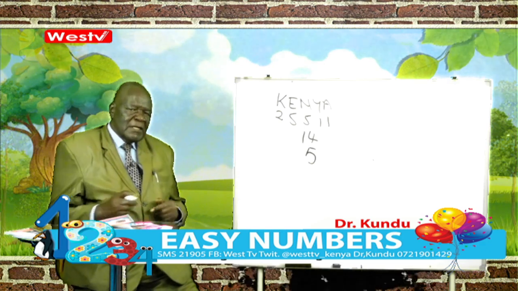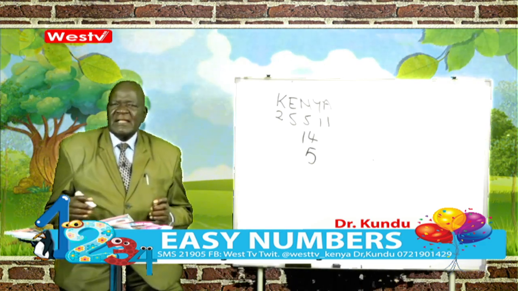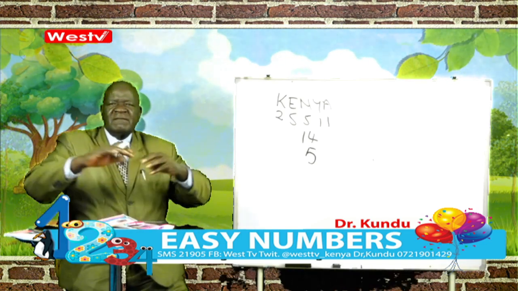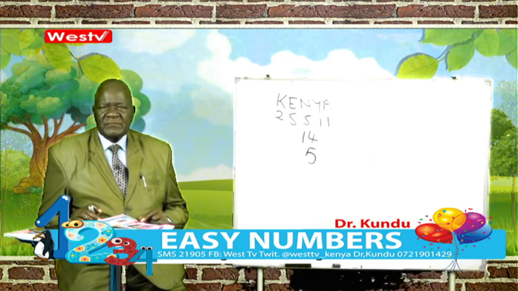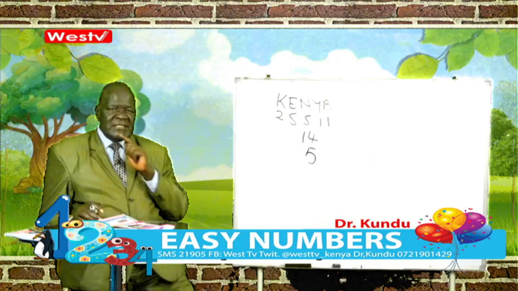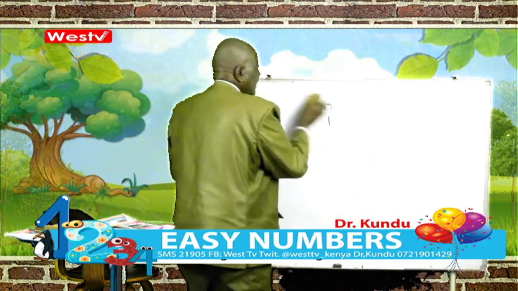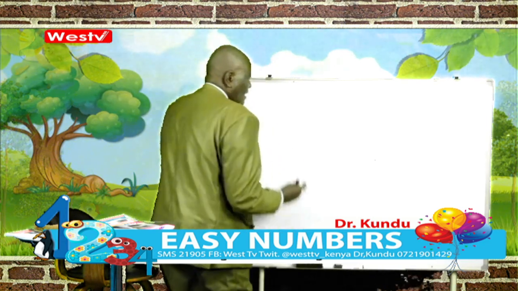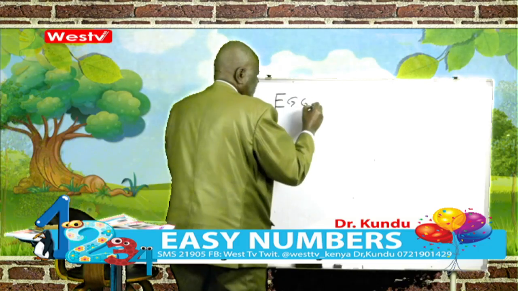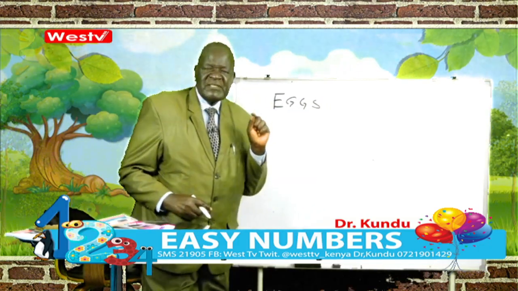Now this young man grew up and started some business, and he called himself a hustler. And the business this young man started selling was the business called eggs. This guy was dealing in eggs. Let us look at the vibration of this word eggs.